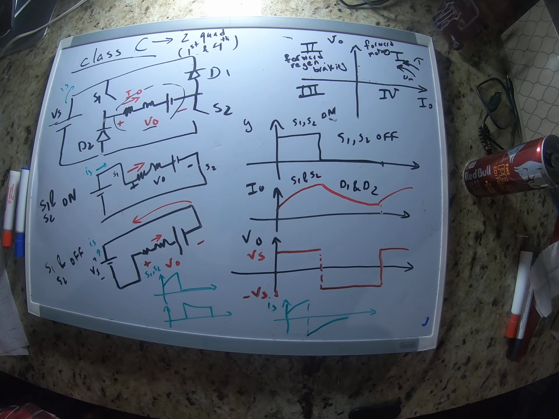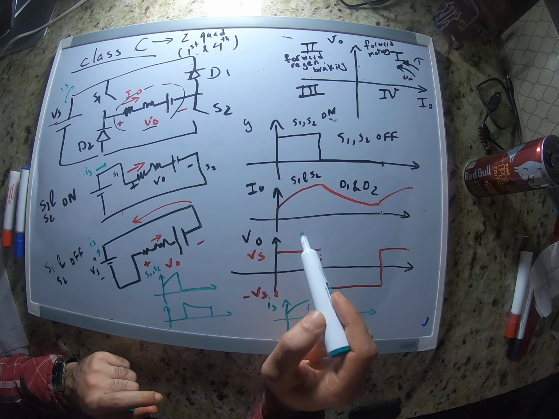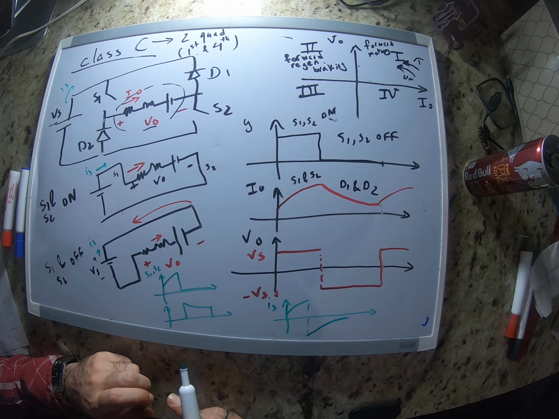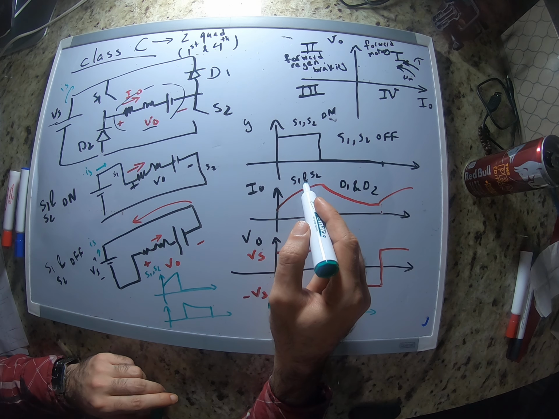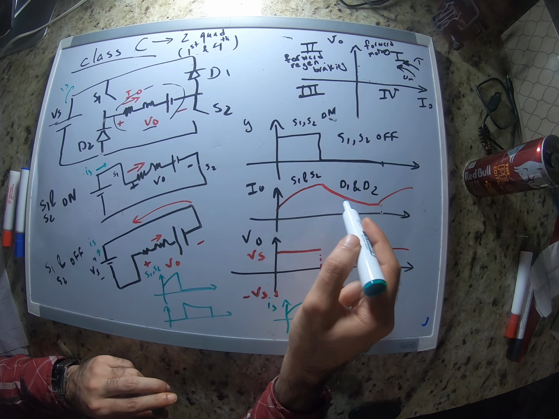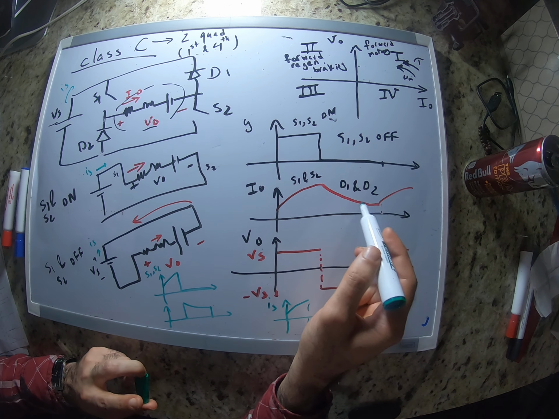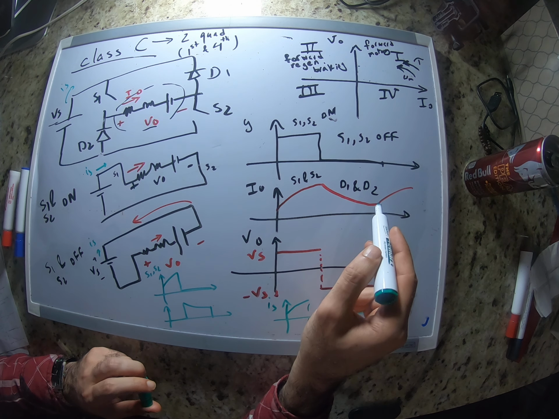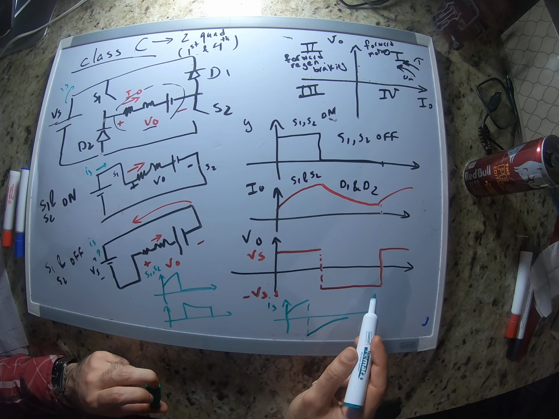Now, when S1 and S2 are on, current is positive, voltage is also positive, so we are in the forward motoring mode, right? When S1 and S2 are off and D1 and D2 are conducting the current, then current is still positive, it's decreasing, but it's still positive, but our output voltage is negative.